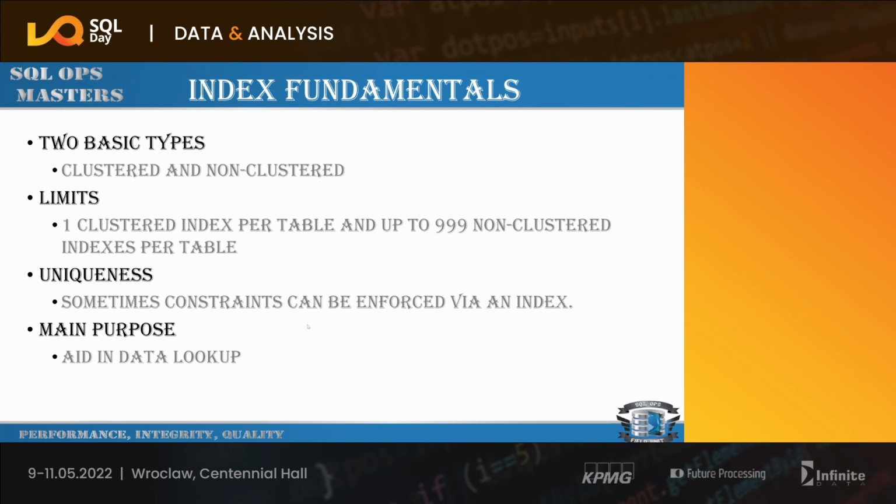but what we don't get into here is all the other minutia that allows us to have more than those types of indexes. There's tricks that we can do to exceed those limits. A friend of mine likes to say, just because you can have 999 non-clustered indexes on a table does not mean that it is a goal.